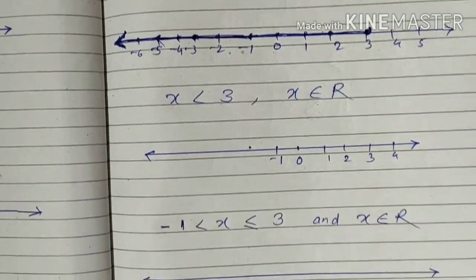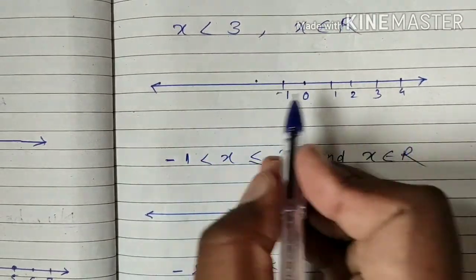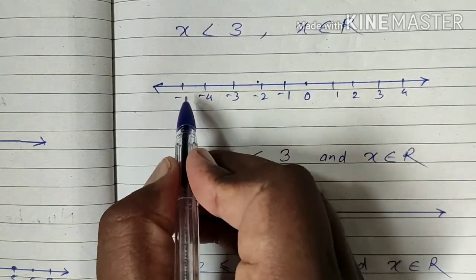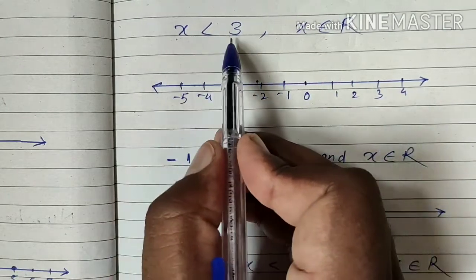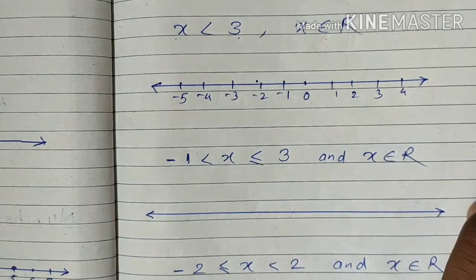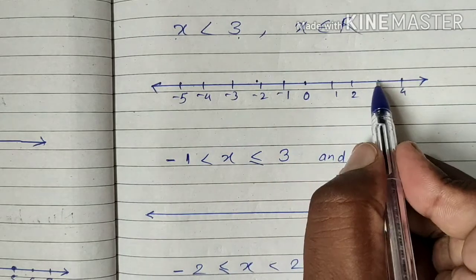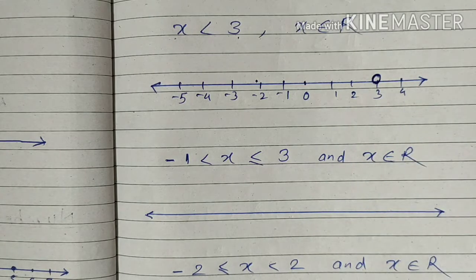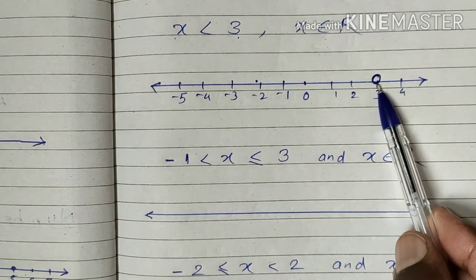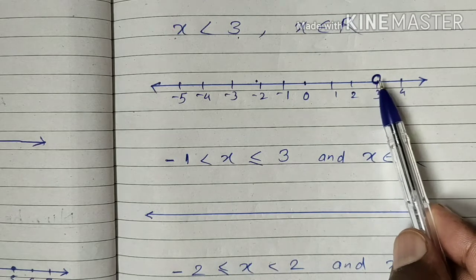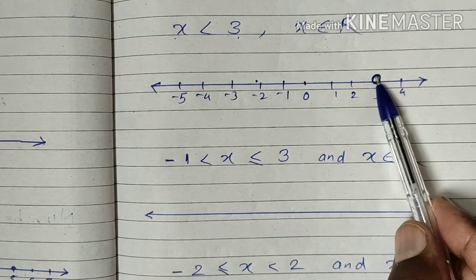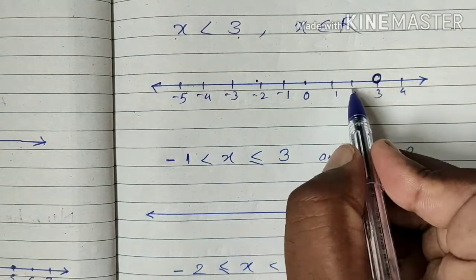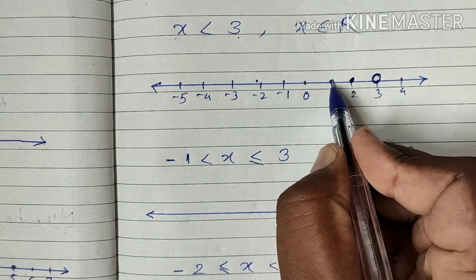Now the next example: X is less than 3. That means 3 is not included. If 3 is not included, we will not give it a dark dot. Give a small unshaded circle, and all the numbers which are less than positive 3.